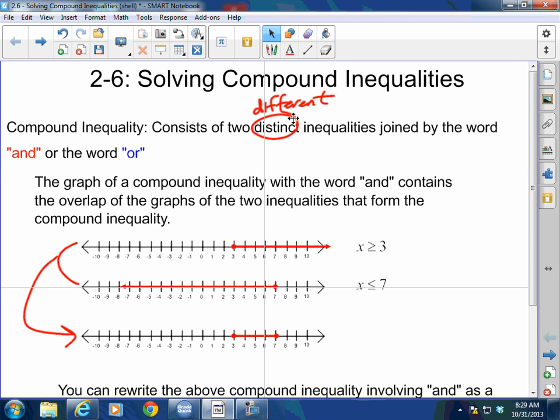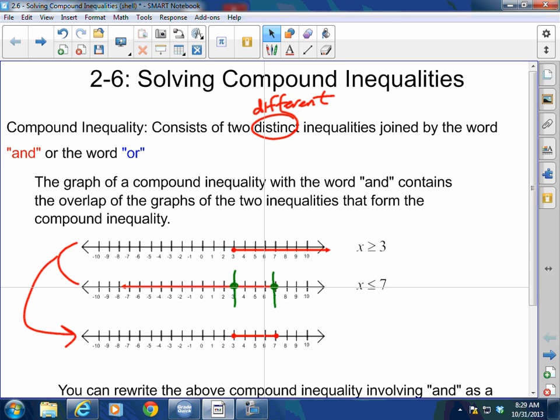Now, if I take this graph and I meld it in here, don't I have an overlap right here? I'll do that again. This is where it was. This is x is greater than or equal to 3, right? This is x is less than or equal to 7.